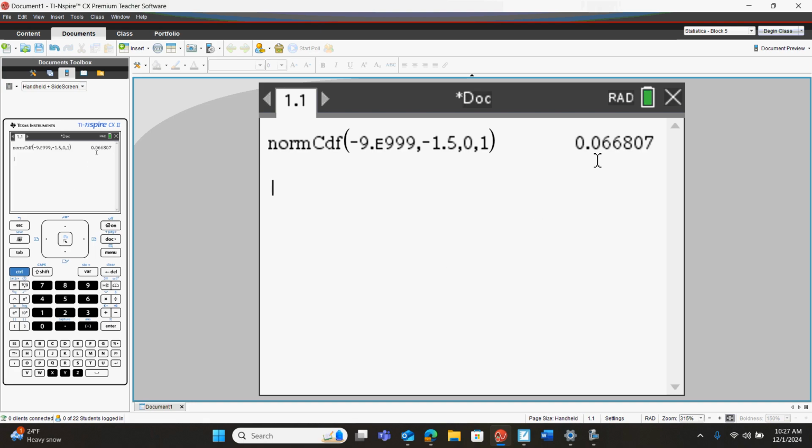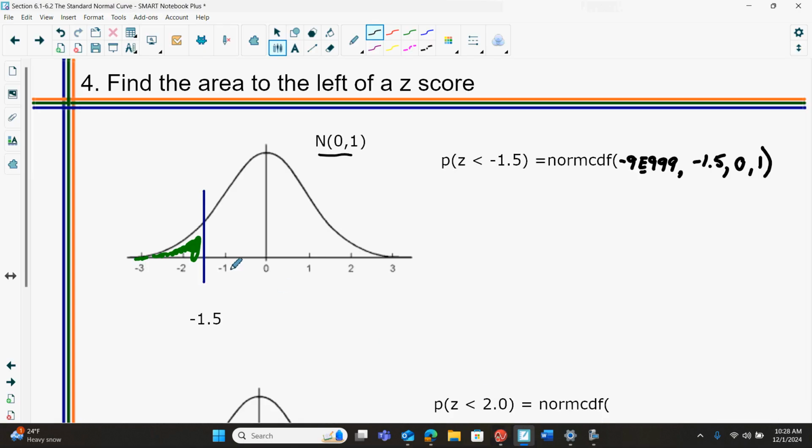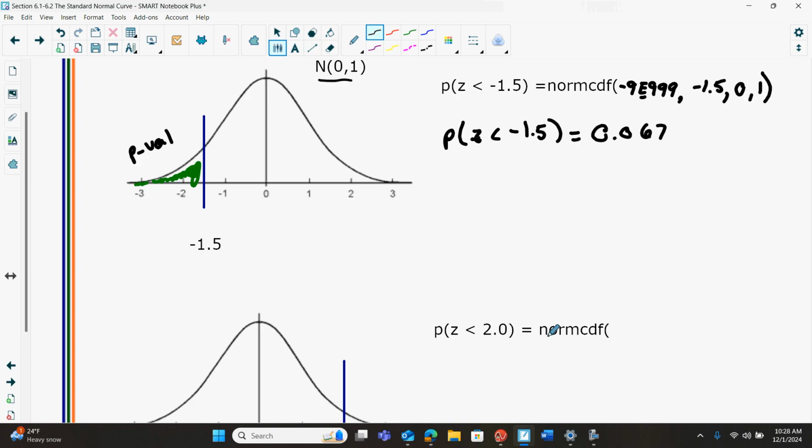Rounding to 3 decimal places, that's 0.067, or in other words, 6.7%. Just know that in stats, we call this a p-value. So the probability of a z-score being less than negative 1.5 is 0.067 or 6.7%. Okay, so let's practice a few more here.